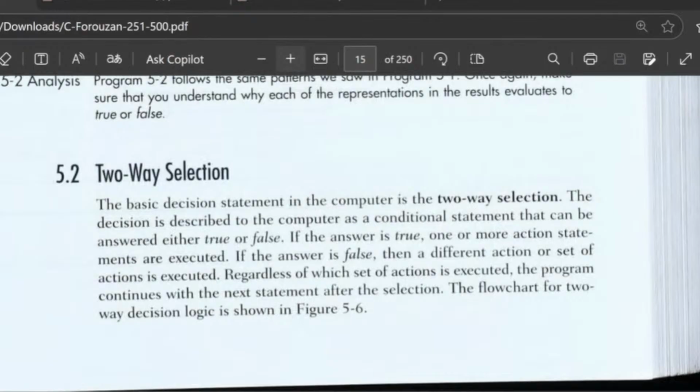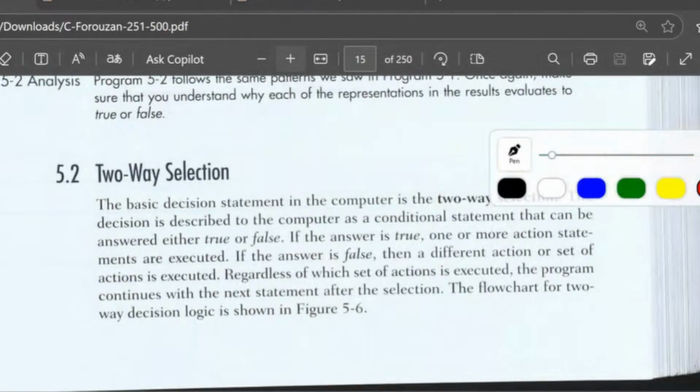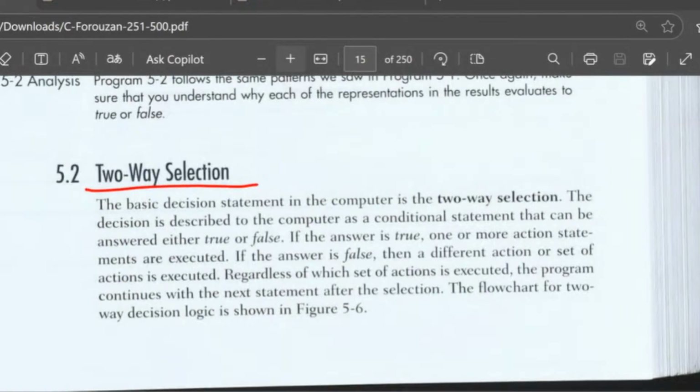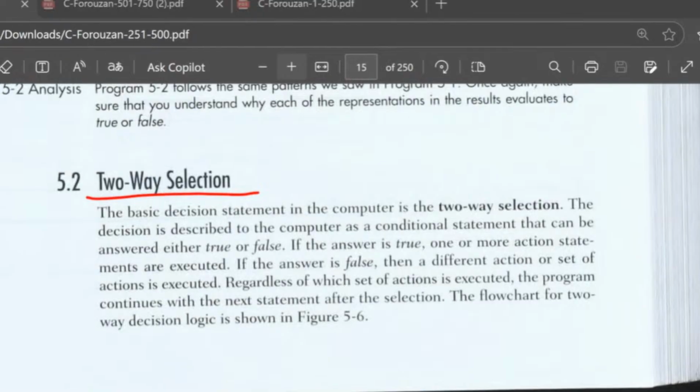Okay, let's move to our topic, second chapter. Just note the heading: two-way selection.